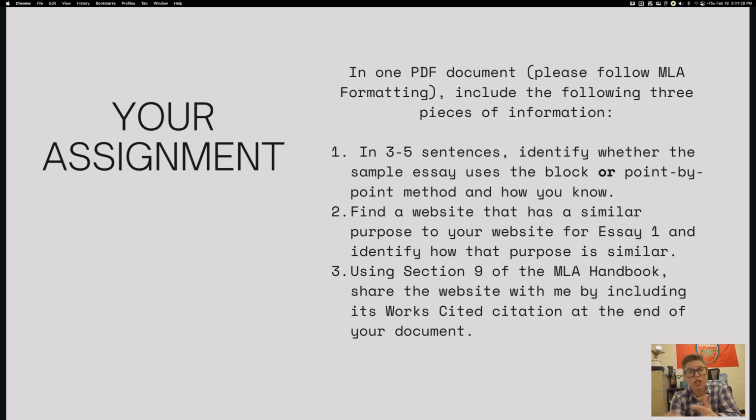You're going to share a works cited citation with me so that 1, I can check your works cited citation and offer you suggestions. Gives you less work as you're working on your draft, which is always awesome. And also I can double check and make sure that that particular website is working well, okay, for our purposes. No need in setting you behind.